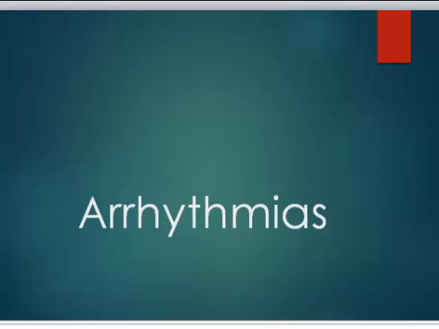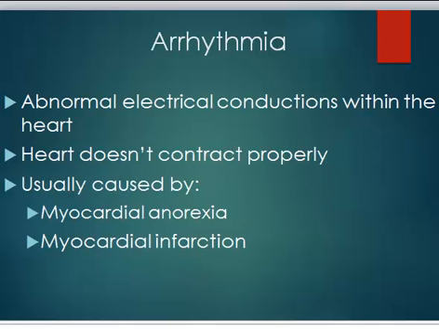So what is an arrhythmia? Let's look here. Basically, it's an abnormal electrical conduction within the heart, and the heart isn't contracting properly. It's usually caused by some sort of lack of oxygen to the cardiac muscle itself.